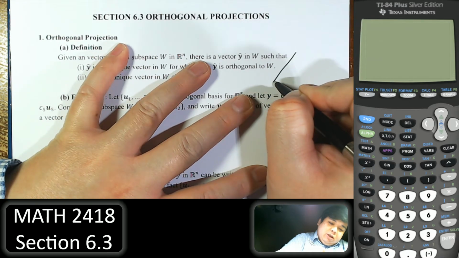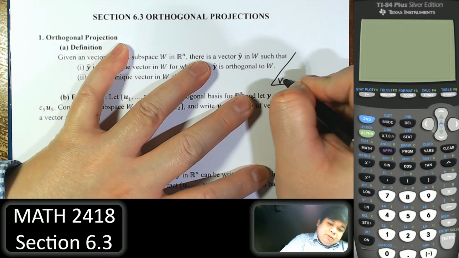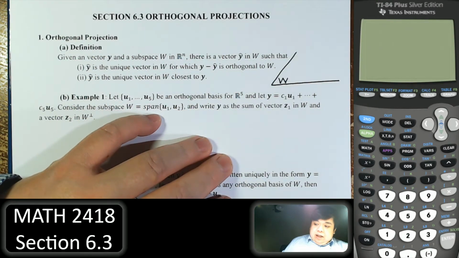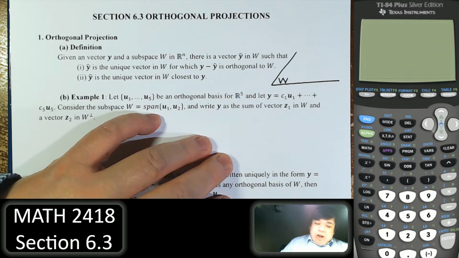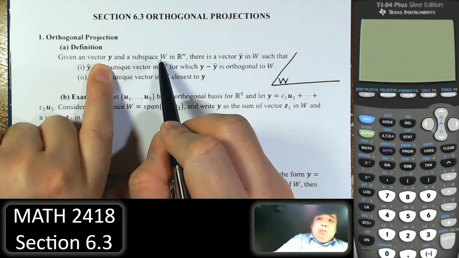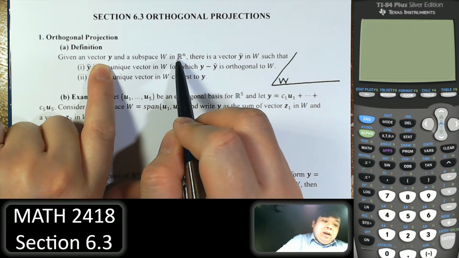So let's say we have the subspace W, in the space Rn, and with that we have a vector y. The vector y may or may not be in the subspace W, but y will be in Rn.